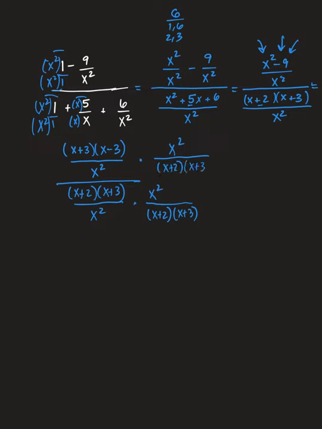x plus 3, and let's see what we can reduce. X plus 2's, same top and bottom, x squared, same top and bottom. From the top, x squared and x squared reduce. X plus 3 is the same as x plus 3.